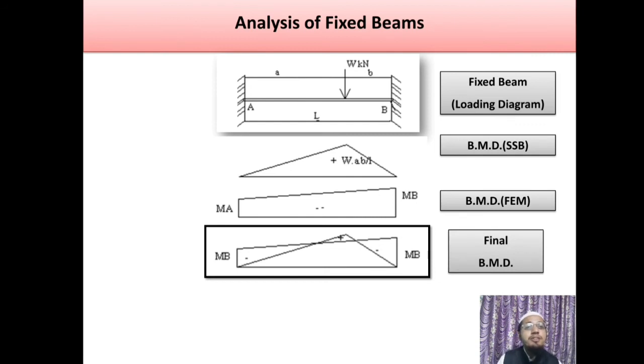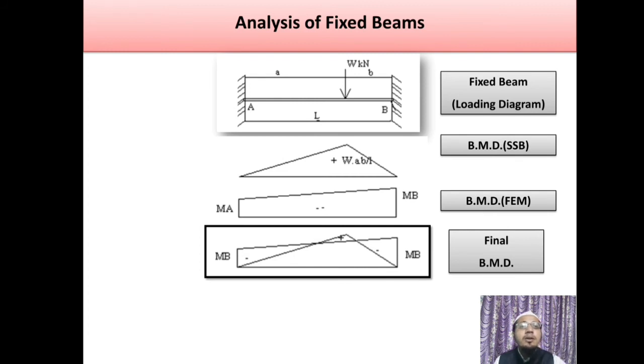Now what about the shear force diagram? Yes, again support B will carry the maximum shear force and support A will carry a lesser amount of shear force as compared to support B, because we can see that the load is acting near support B. So B will take more part in carrying the shear force.